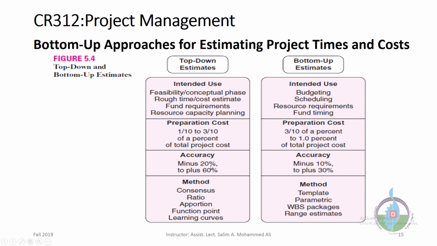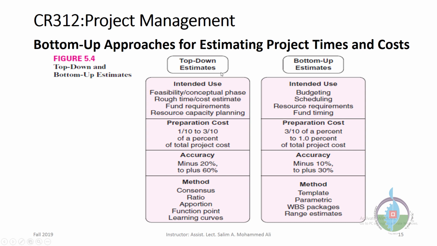Accuracy for top-down estimates is not so good, while accuracy for the bottom-up estimates should be good, because the overall design is already completed, so your estimate should be more accurate. Preparation cost is between 1/10 to 1/3 of the percent of the total project. Preparation cost is 1/3 to 1% of the total project.